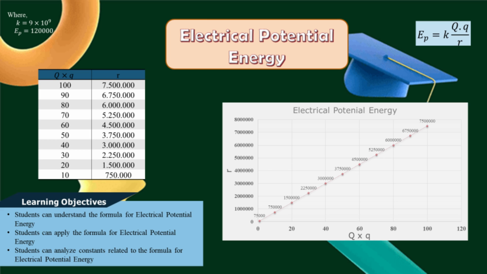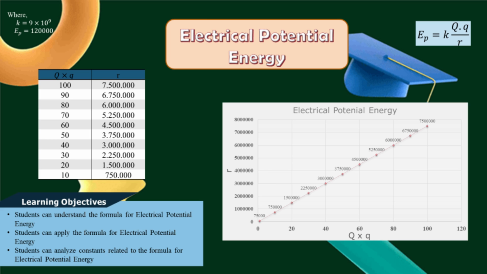If big Q times small q is equal to 70, R is equal to 5,150,000. And if big Q times small q is equal to 60, R is equal to 4,500,000.